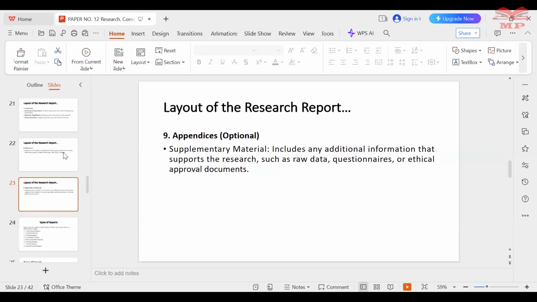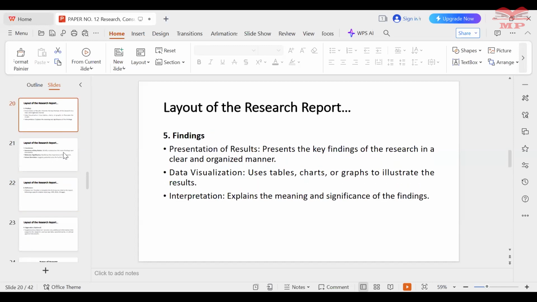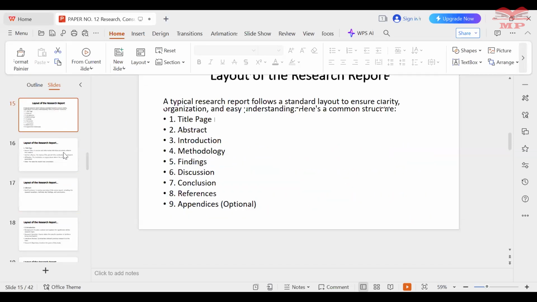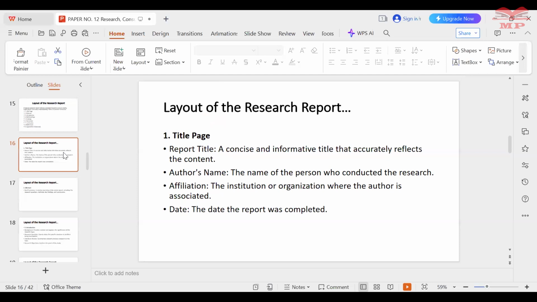So, dear learner, these are the 9 items that need to be considered when it comes to the layout of the report, which we have looked at. We have seen that the layout of the research report will have, number 1, the title page, which will provide the report title, the author's name, affiliation of the author, and the date that particular report was completed.